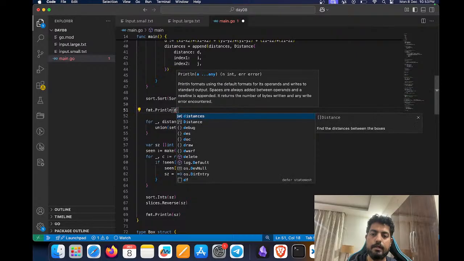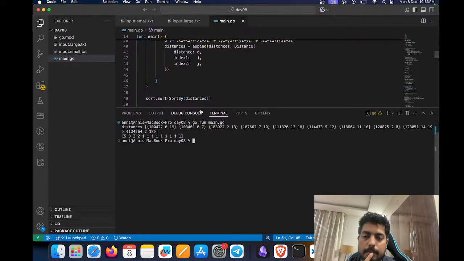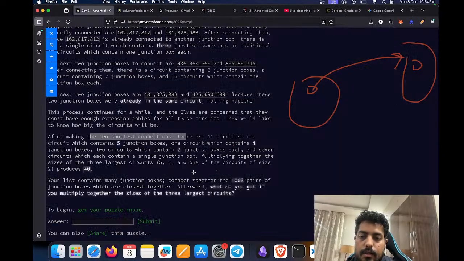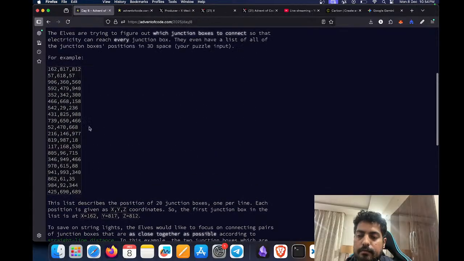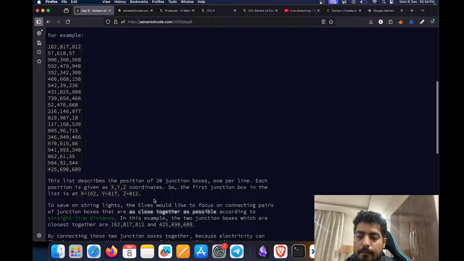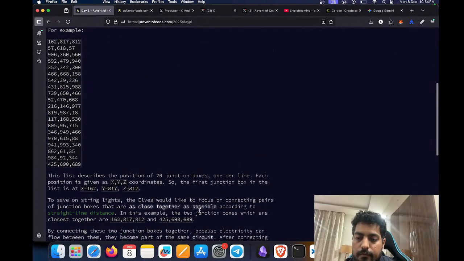I'll just print the distances, like the top 10 distances. So the first one that it's talking about is 0 and 19, 984 and 162. Which is wrong. The two which are closest together are 162 and 425.